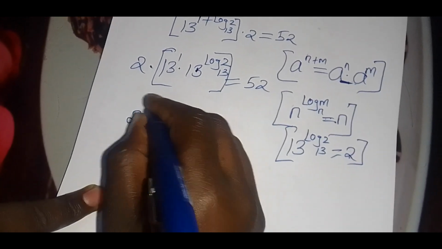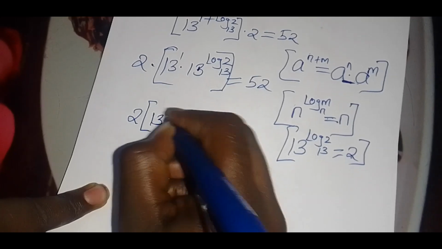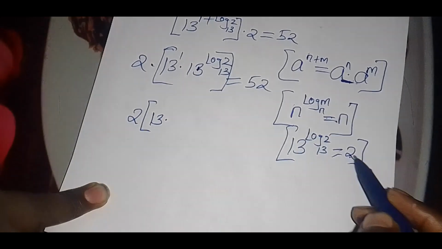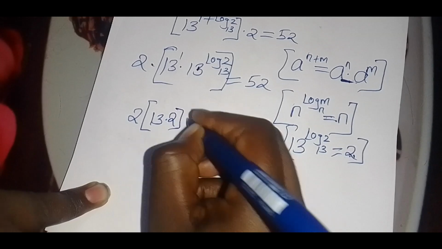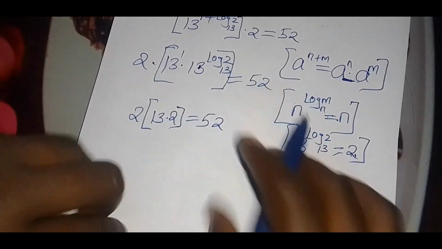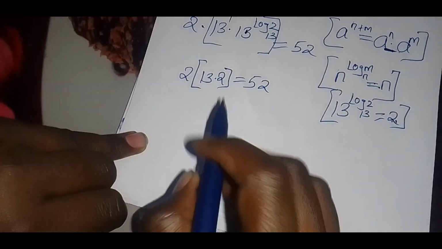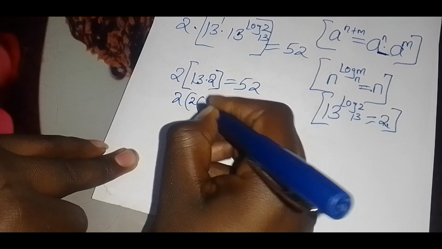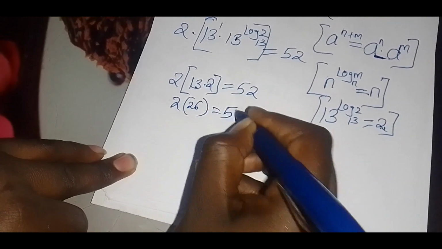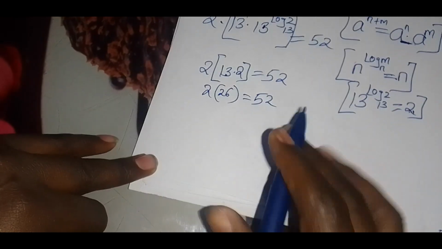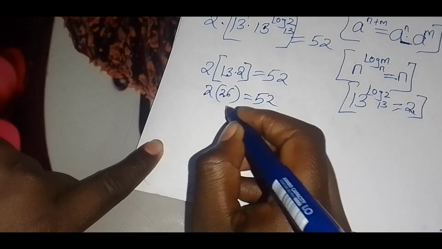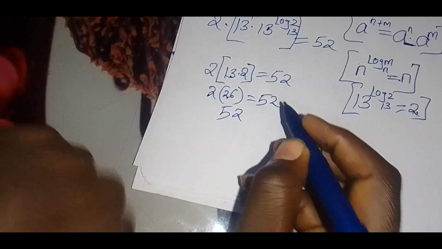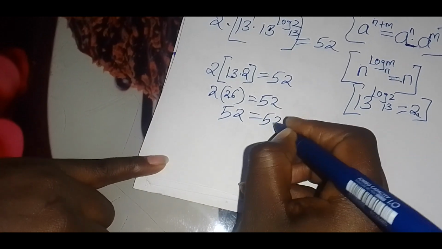Then we'll have 13 multiplied by 2, multiplied by 2. This is supposed to give you 52. Okay, as you can see, this is 13 times 2, which is equal to 26. And that shows that this is 26 times 2, which is equal to 52.